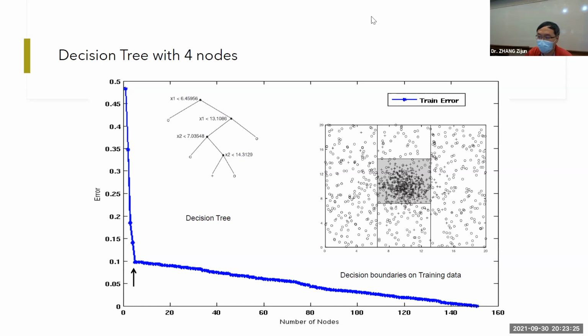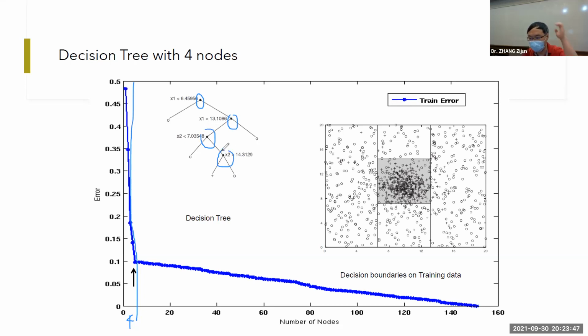If we cut the tree to the scale of just 4 nodes, we cut it here, it's 4. So the 4 nodes look like 4 splits.